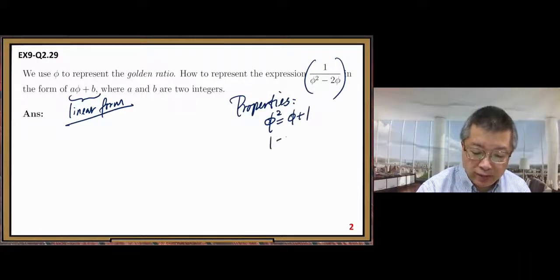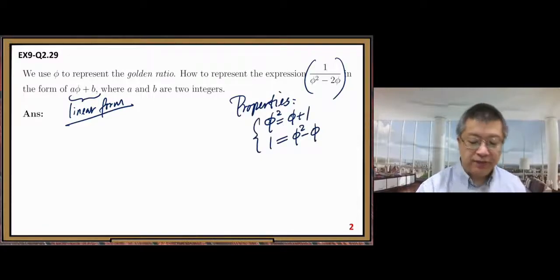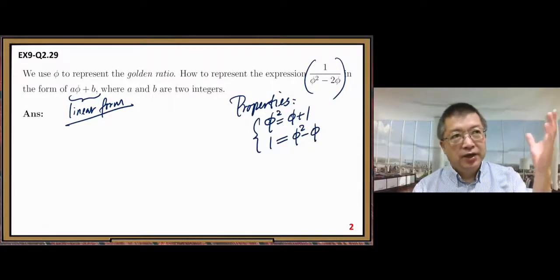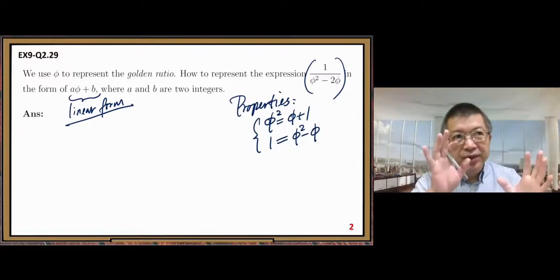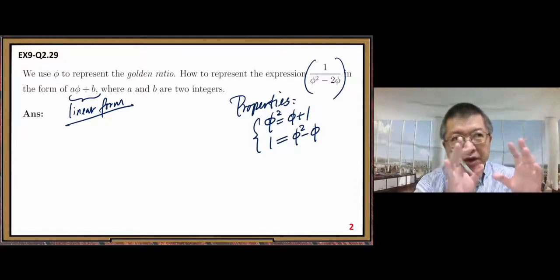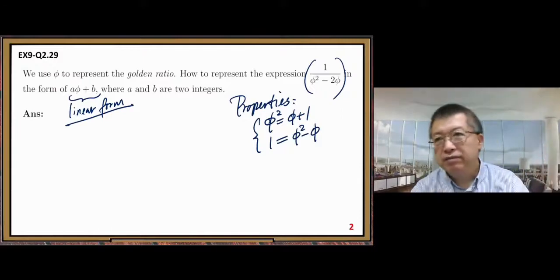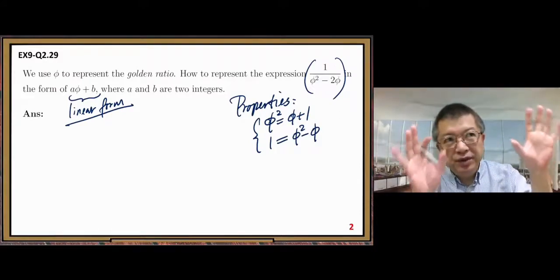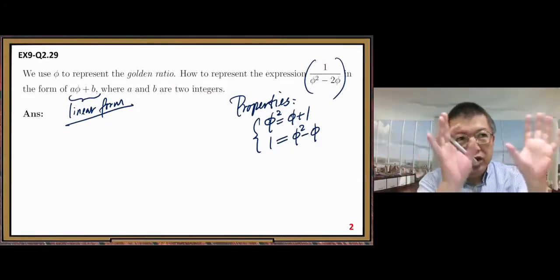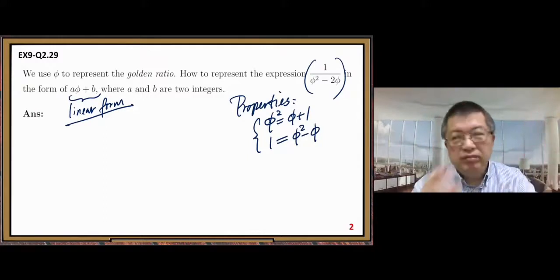Another, just a different way to write this one, phi squared minus phi equals 1. Yeah, these two. Here we need to use these properties in a very smart way. So try to explore the right way to use these two properties.